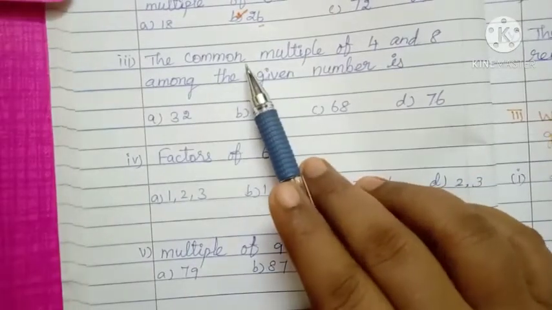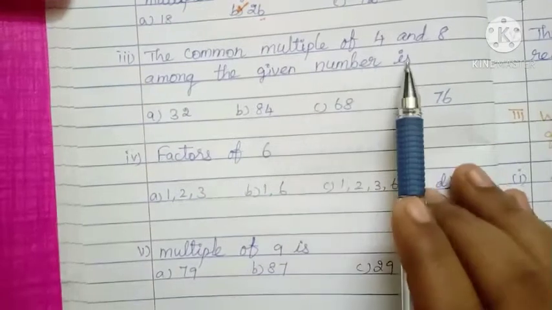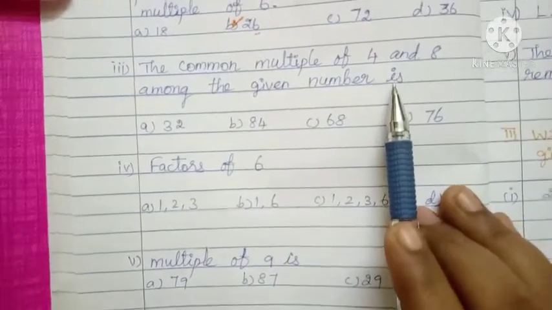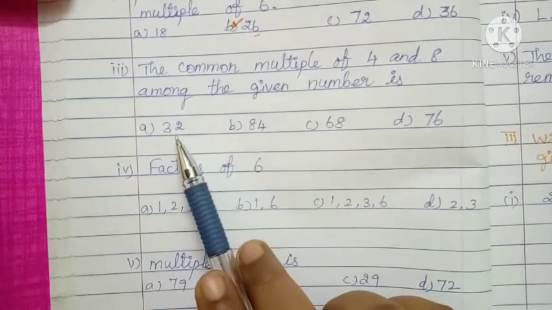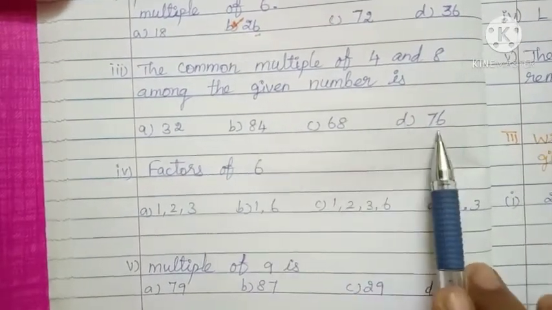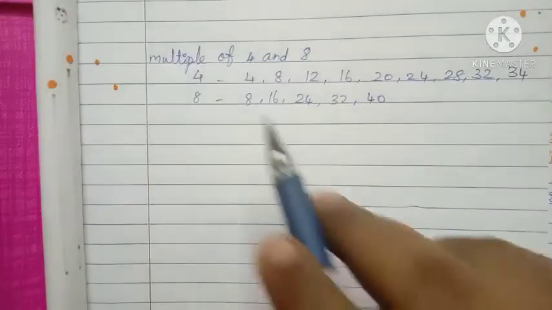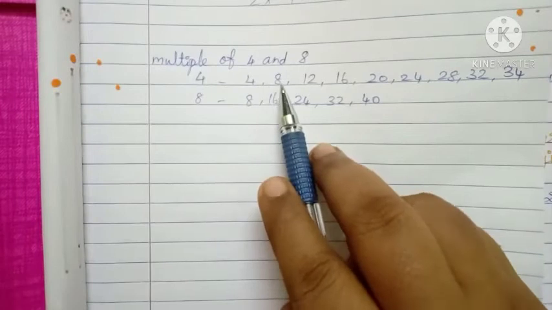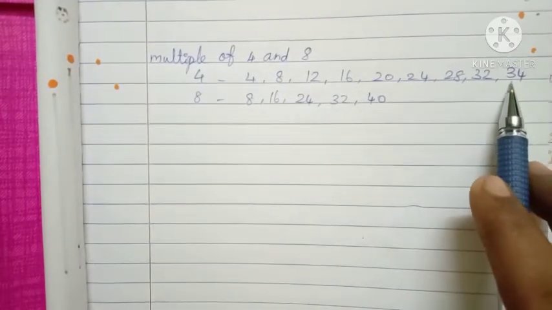Third question. The common multiple of 4 and 8 among the given numbers. So 4 table and 8 table. So 4 numbers are given here: 32, 84, 68, 76. So find out now. So 4 table: 4, 8, 12, 16, 20, 24, 28, 32, 36.